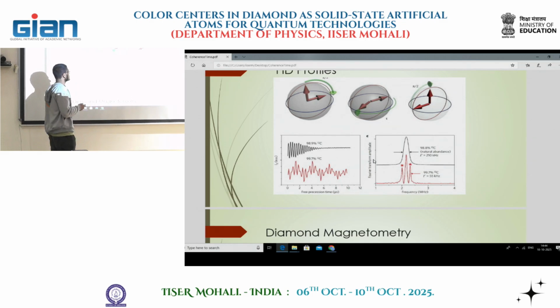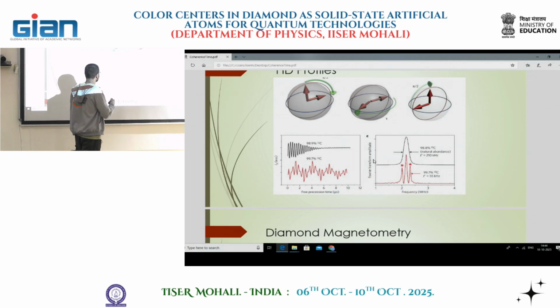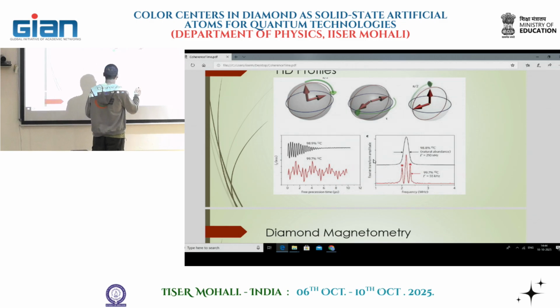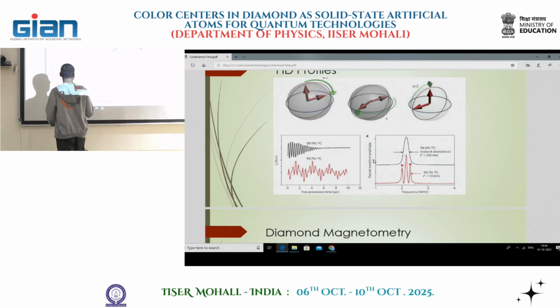After that time tau, they again apply a pi by 2 pulse to get it back to the initial state. This is the intensity profile against the time tau. This one here is for the normally engineered diamond which has the 13C isotope, and this one is for the one which doesn't. As you can see here, it decoheres pretty much within 5 microseconds, I think.